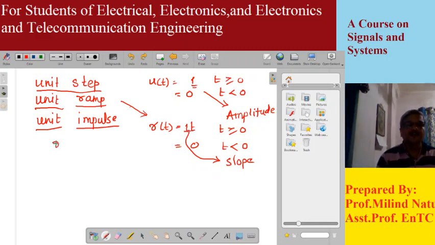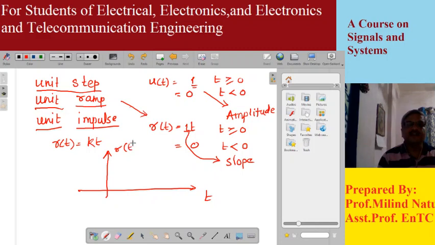For example, if we have a signal r of t equal to k times t, which means I have a straight line passing through origin, but the slope of this line is k everywhere. That means at time t equal to 1, the amplitude will be equal to k.